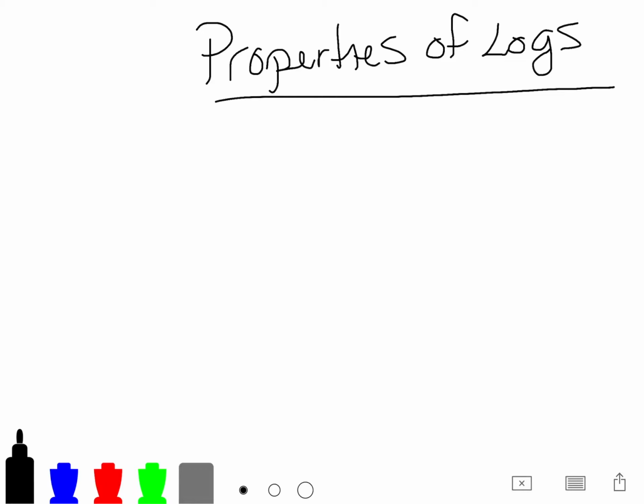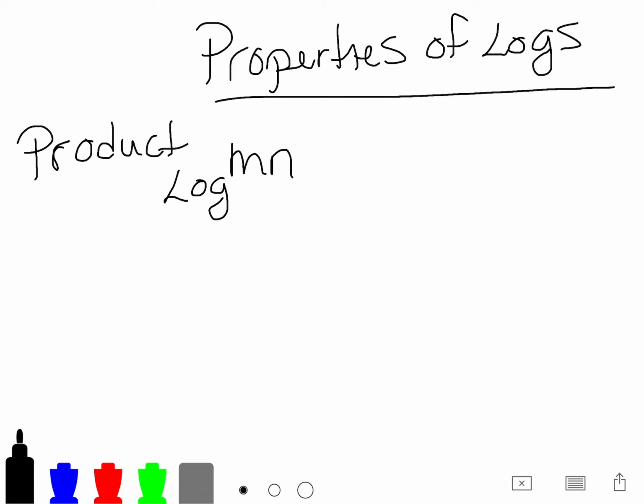So the first one is the product property, which is just saying the log has to be the same base of m times n. And it just means that you can separate that to adding the things that are able to be multiplied. We're going to do an example. That's confusing. But if these things are multiplied, then you can add them together.